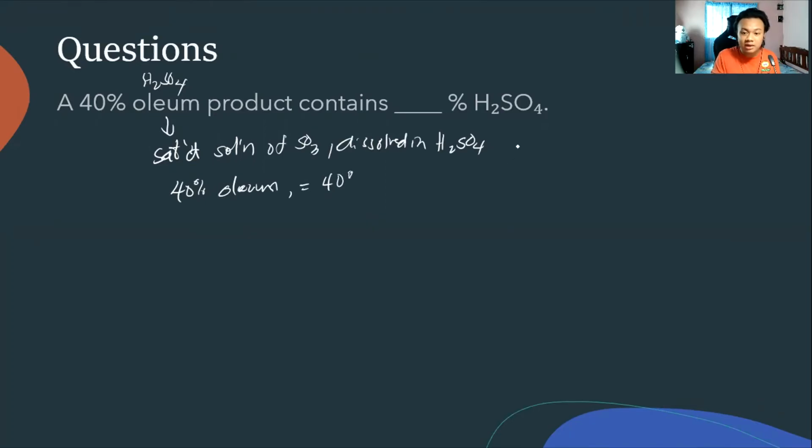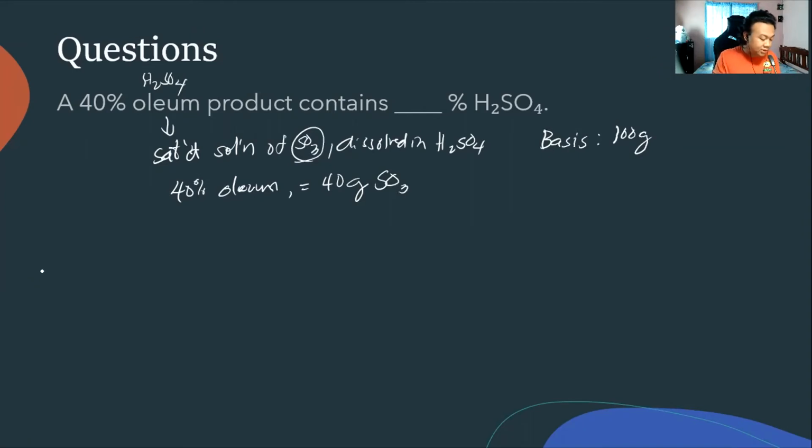So let's have a basis of 100 grams of our solution, diba? 100 grams of our solution. So the 40 grams of that is SO3, so that's SO3 kaya oleum dissolved in H₂SO₄, diba? So how do we get the percent H₂SO₄? So we have to have a formula.